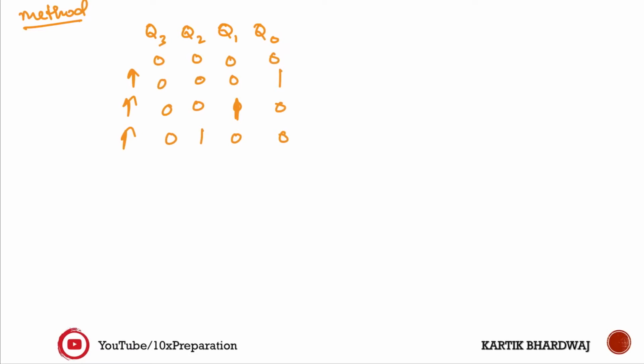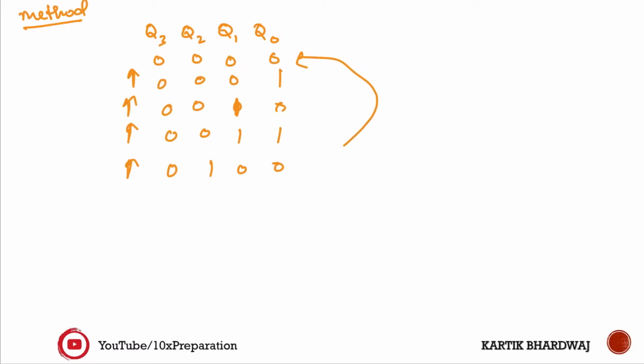Sorry, this is not like this. Whenever the next clock pulse comes, it is 0 0 1 1. Again, whenever the next clock pulse comes, it is 0 0 0 0.